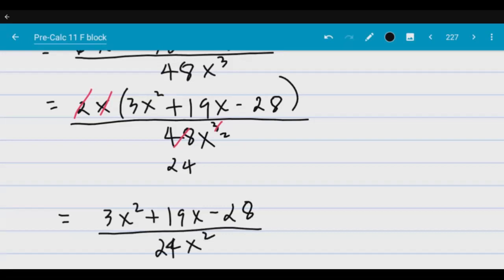Okay? And what would be the non-permissible value? The non-permissible value would be when x is going to be 0, right? Any questions? Looks good? All right, let's continue.